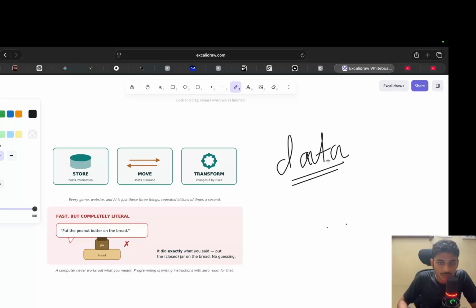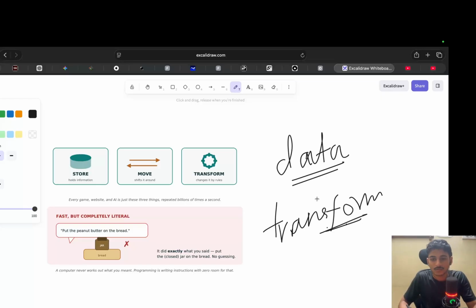They store data, they take input, they give output, and meanwhile they may transform it, and so on. This data may be of different types. It may be text, photo, video, it depends upon the extension.